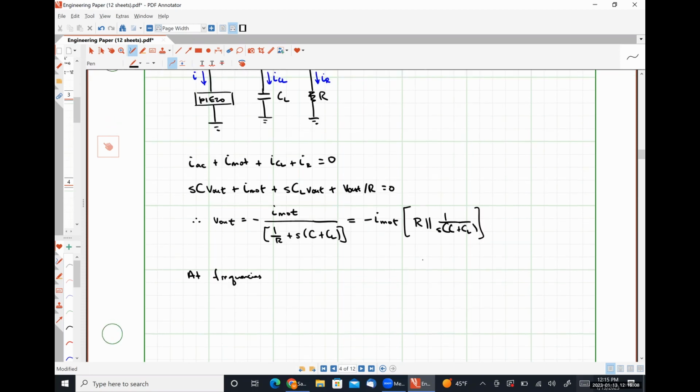At frequencies where omega is much greater than 1 over R times (C plus C_L), we get V out is approximately equal to negative I motional over s(C plus C_L), or negative e A S over (C plus C_L).